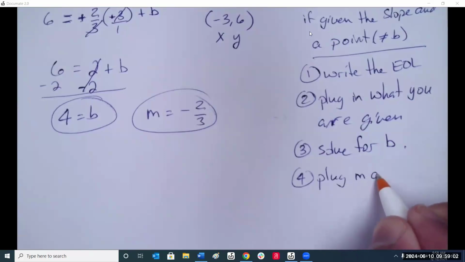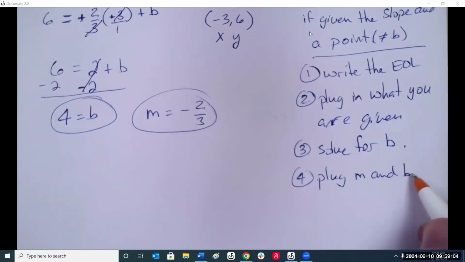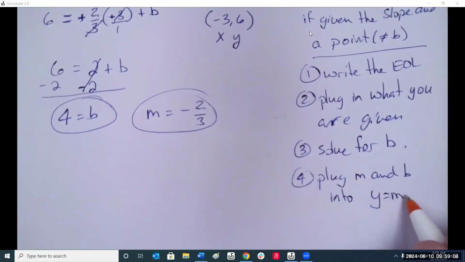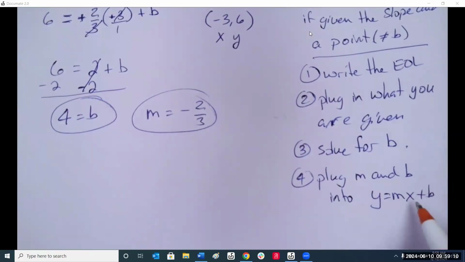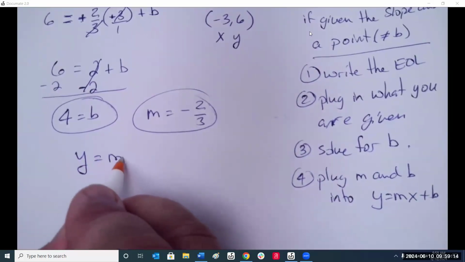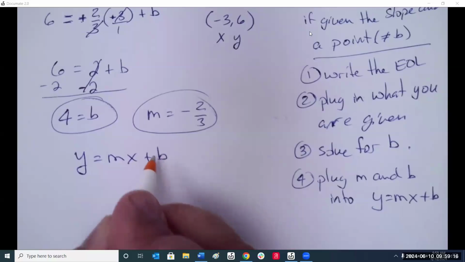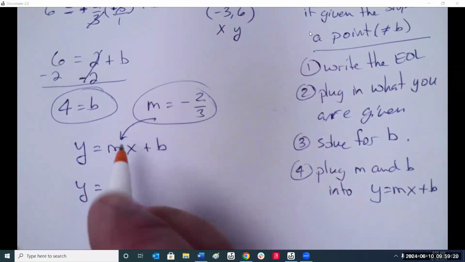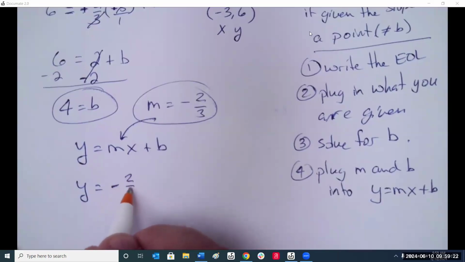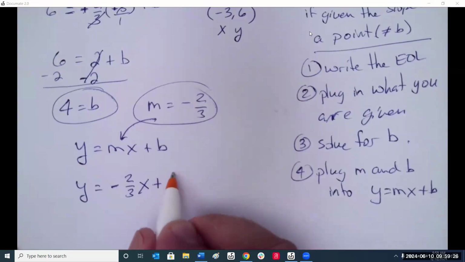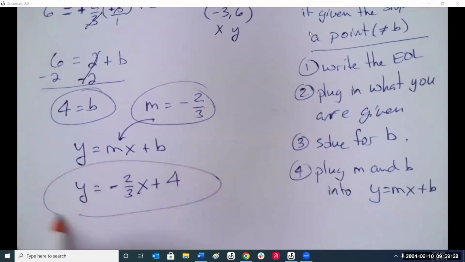Plug m and b into y equals mx plus b. Our m is negative 2/3 x. And since b is positive, it's a positive 4. And there's my equation.